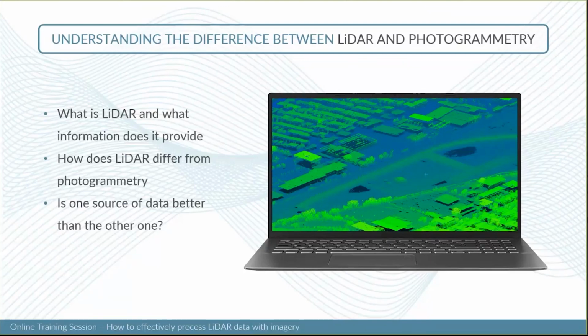When they're used together, I think it's the best way to get the most out of your data, to take the advantage of each of them and then merge them together. So today, the topic of my presentation will really show you how to have the best workflow possible to implement those two types of data together.